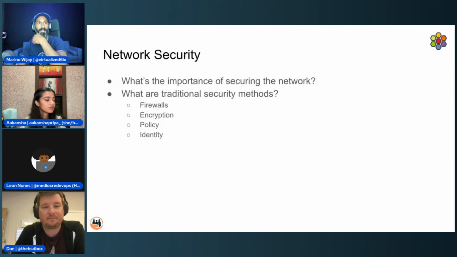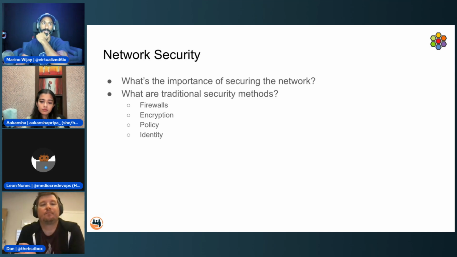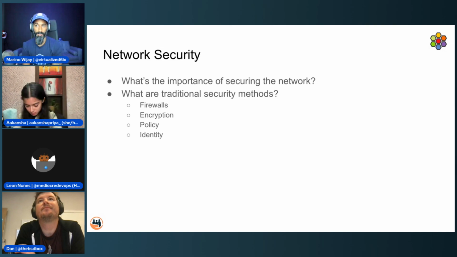Now we have a couple of other things to consider: encryption, policy, and identity. Encryption is the concept where you safeguard data that's either in motion or at rest. The simple way to put it is you're taking data and scrambling it so that it's not easily readable or replayable.